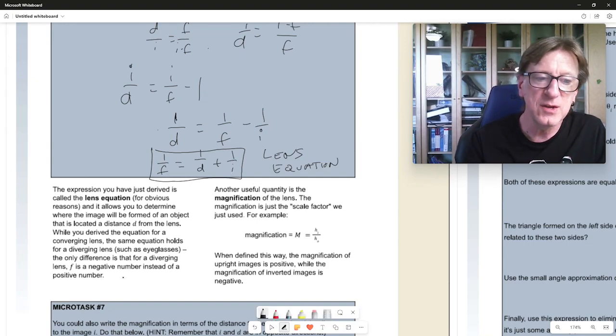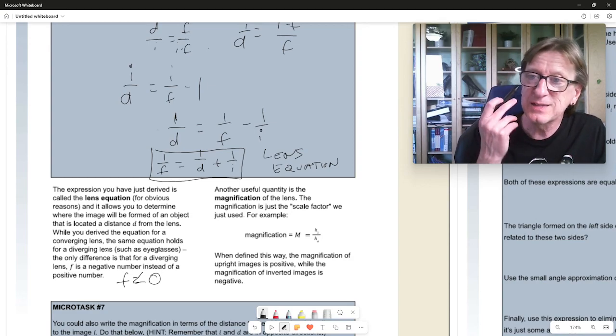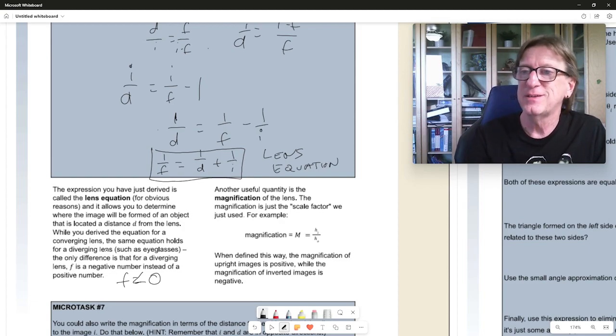And so the end result is that F is going to be negative as well. So if you are nearsighted, your glasses will have negative diopters, a negative measure of curvature, and the focal length is actually going to be negative. You'll see that as we start to work more with diverging lenses as well as converging lenses.